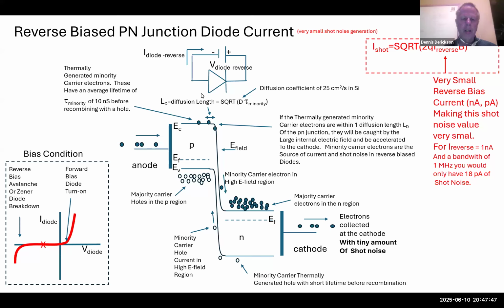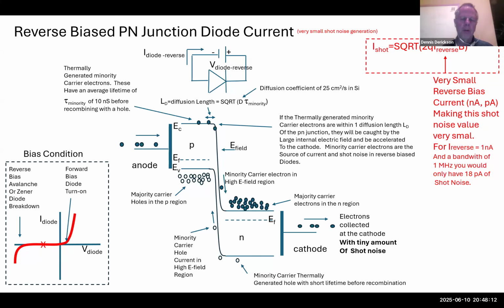And so the P side of the diode right here is represented on the left-hand side. We have the valence band and the conduction band and the band gap right here. Here's an ohmic contact that makes contact to the P material here. The P material has lots of dopants in it that produce a large population of holes right here in the valence band.